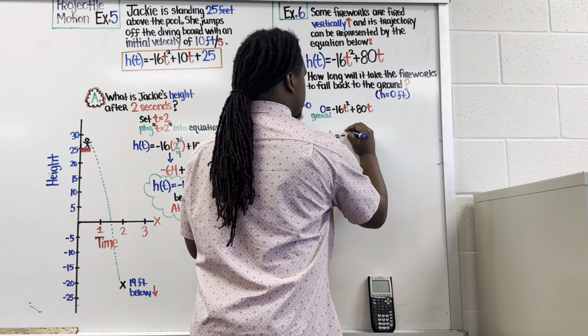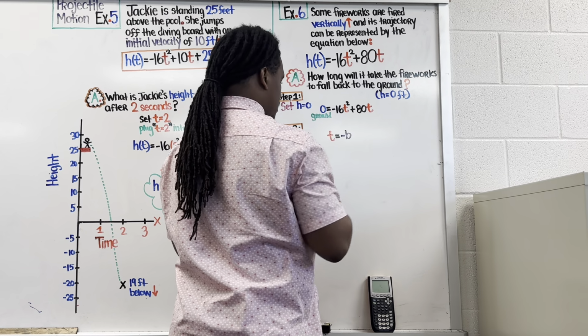So t equals negative b. I'm going to make my b's be purple.